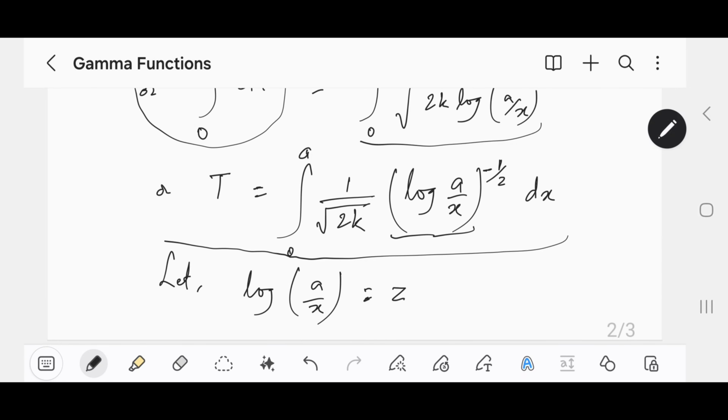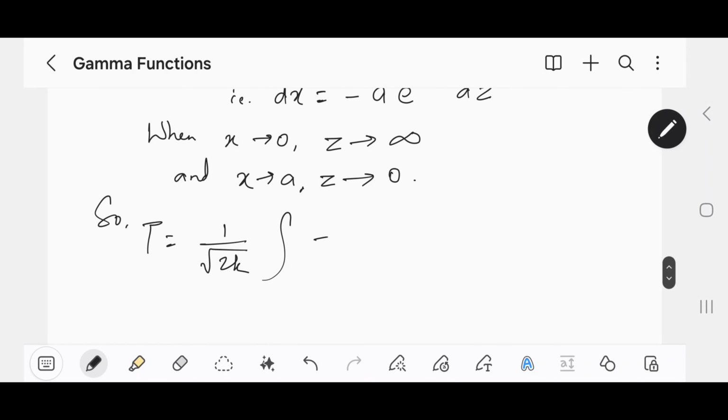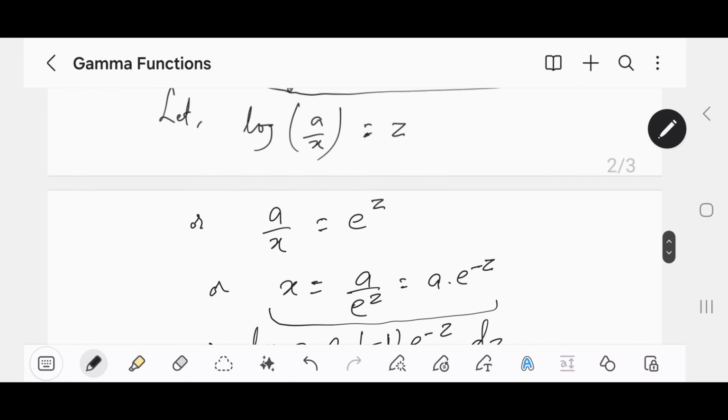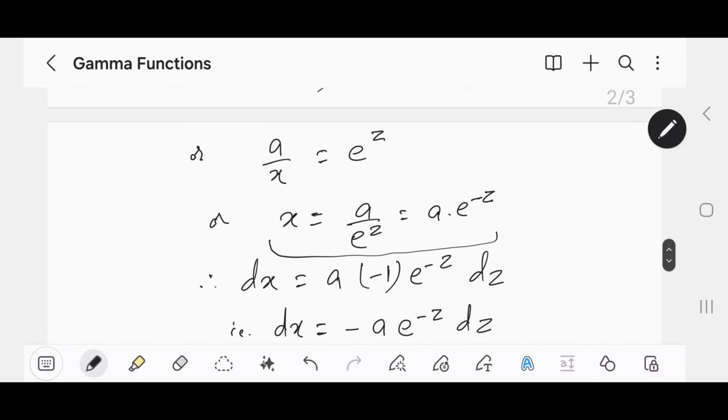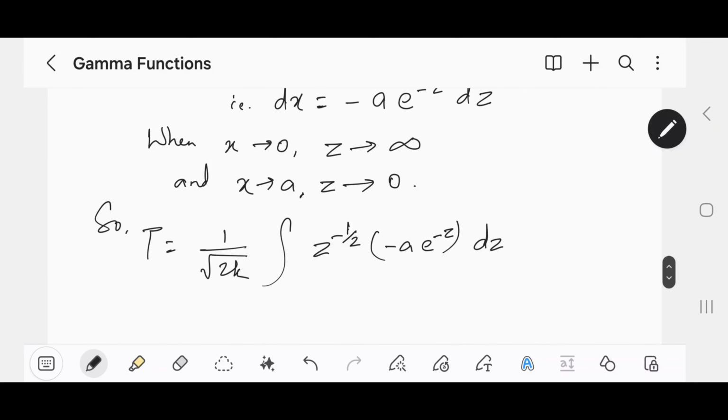Log a by x to the power minus 1 by 2, that is z to the power minus 1 by 2. And then in place of dx, we need to write minus a e to the power minus z dz. And the limits of z now are, when x tends to 0, z is infinity, and here 0.